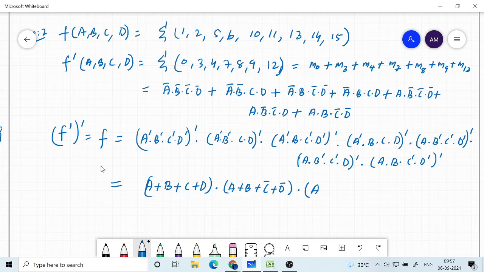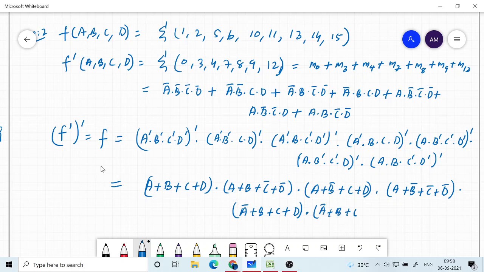So a plus b bar plus c plus d, then a plus b bar plus c bar plus d bar, dot a bar plus b plus c plus d, dot a bar plus b plus c plus d bar, dot a bar plus b bar plus c plus d.